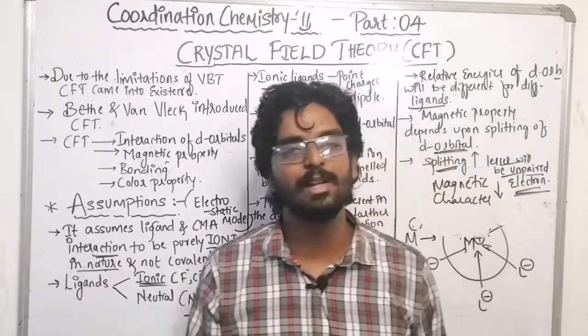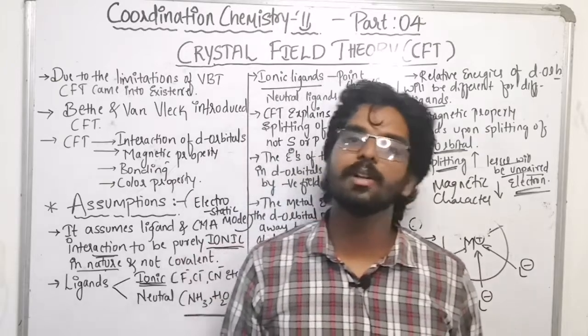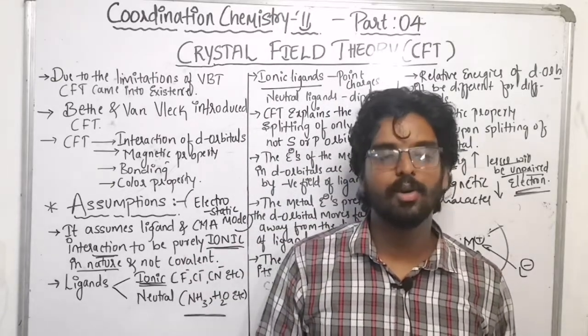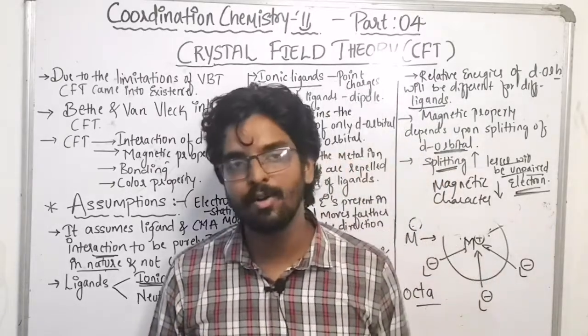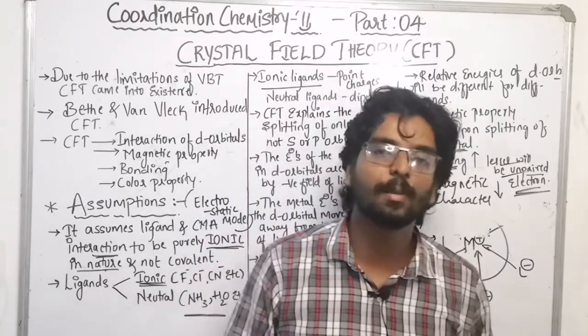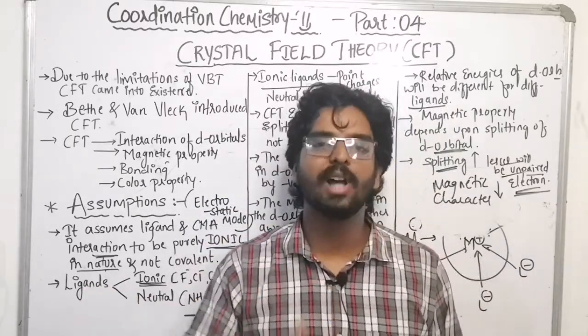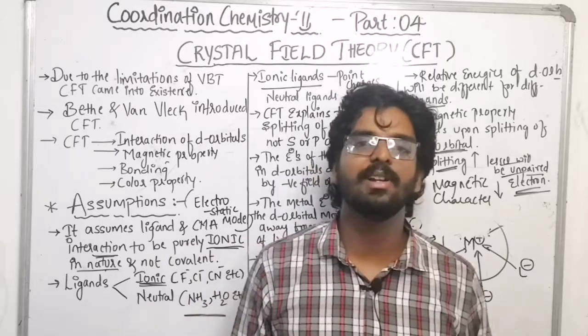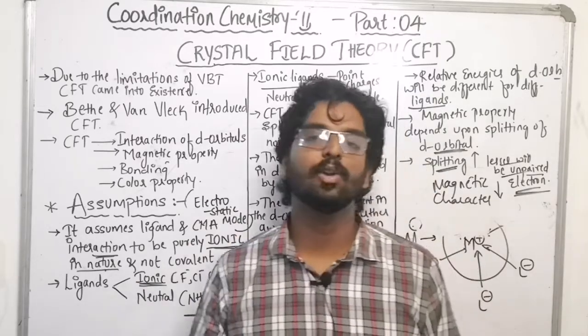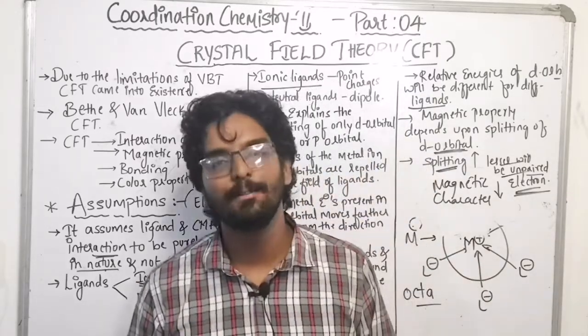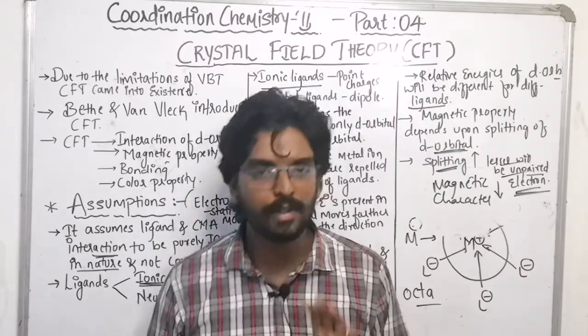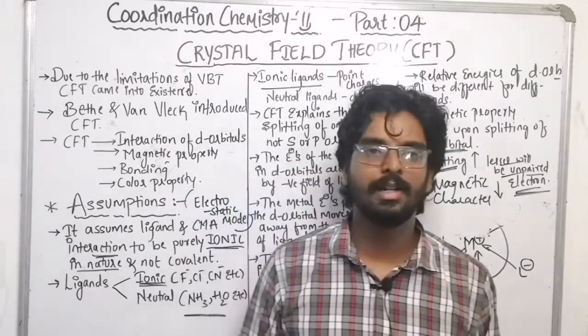All those things we need to learn in order to study crystal fields. For our syllabus also, we have the orientation of the d orbitals, and we will also study the octahedral complexes, how the crystal field theory can be applied, and for the tetrahedral complex how the crystal field theory is applied.